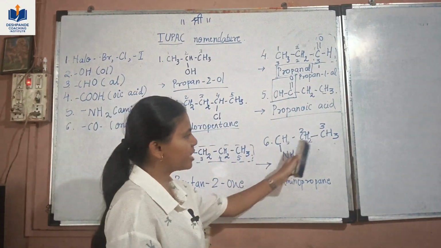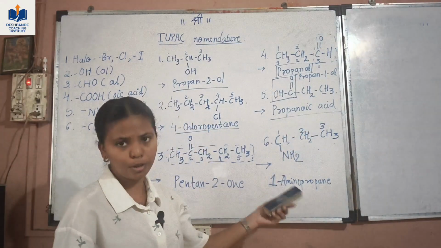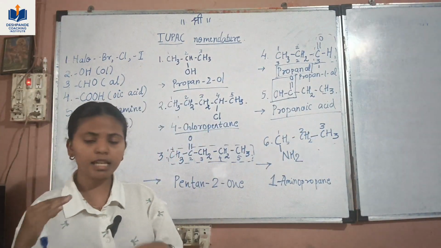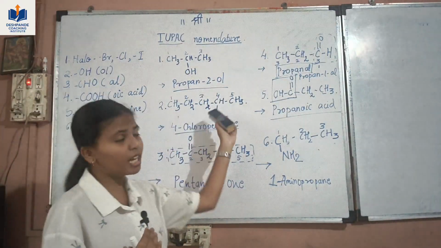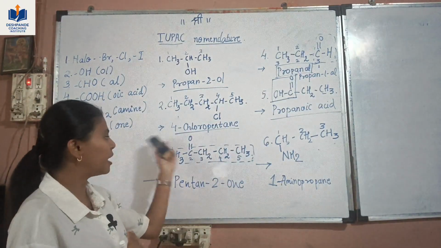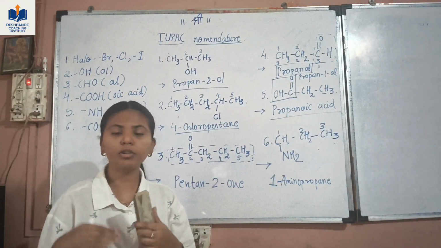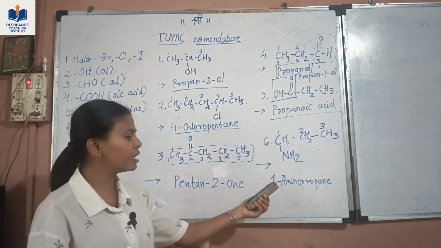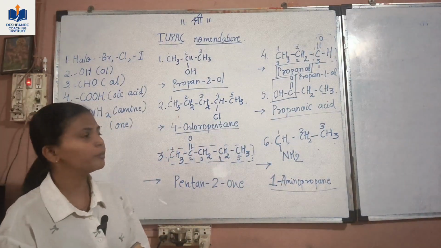So if it was attached here and we have counted as 1, 2, 3, then it would be 3-aminopropane. So the number changes according to the group. We have to see the chain, where the group is attached, and we have to add that number in the IUPAC name.